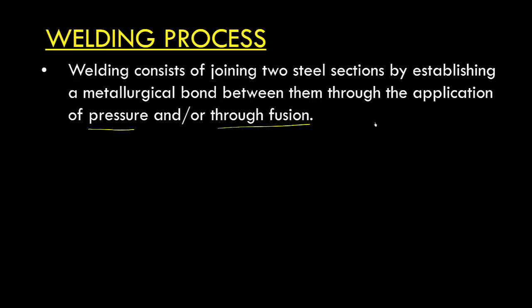If you want to connect two members, you establish a metallurgical bond between them, and then you can connect them through welding. This bond is generally achieved either by application of pressure or by applying fusion.